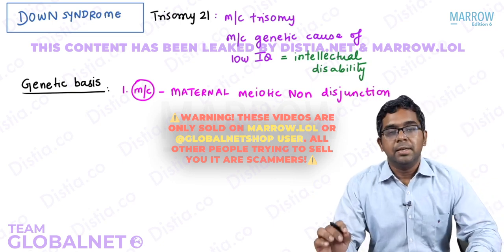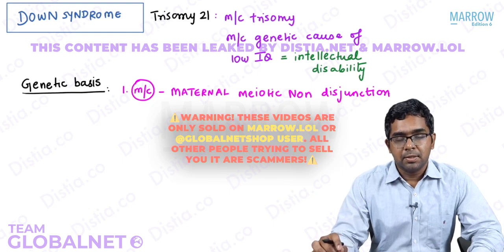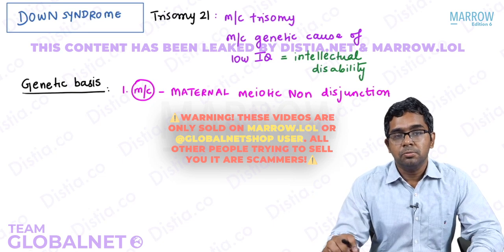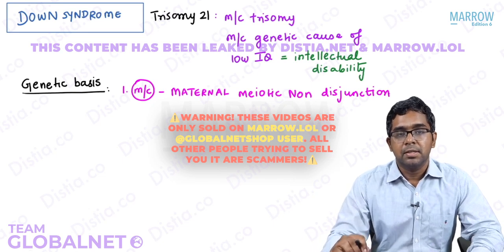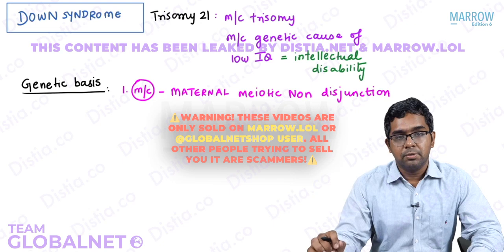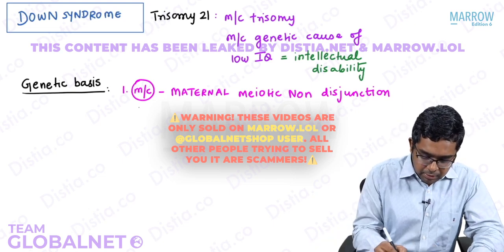So what happens in the mother during meiosis? There is non-separation or non-disjunction of chromosome 21 during meiosis. That is the most common cause for Down syndrome, and this accounts for 95% of cases of Down syndrome.